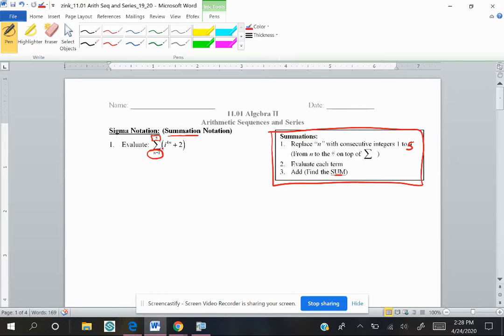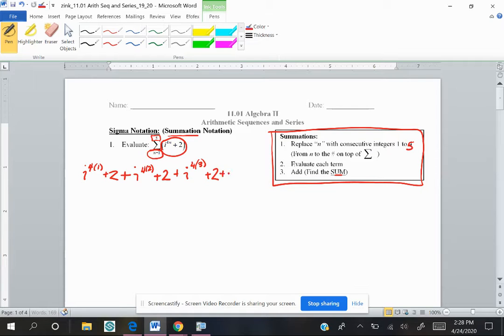So here we go. We're going to put 1 in for n first. So 4 times 1 plus 2. Since this is all in parentheses, we're going to do all of it every single time. Plus, the next one is going to be after 1 comes 2. So 4 times 2 plus 2. Then we have i to the 4 times, after 2 comes 3, plus 2.